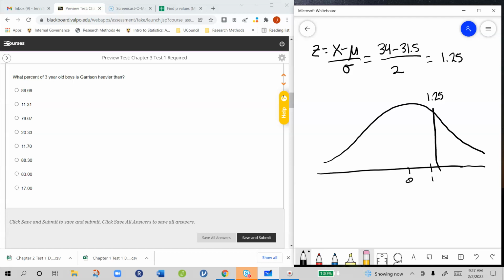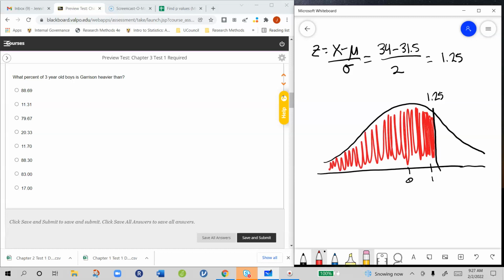So we want to know what percent of 3-year-olds Garrison is heavier than, and he's heavier than everybody off to the left here, right? And so if we're looking at the distribution, we're going to look this up in the z-table or a z-calculator. To the right here is the tail, but what we're interested in is the body. That's more than 50% of the distribution we have shaded in. So we're going to look up the body.